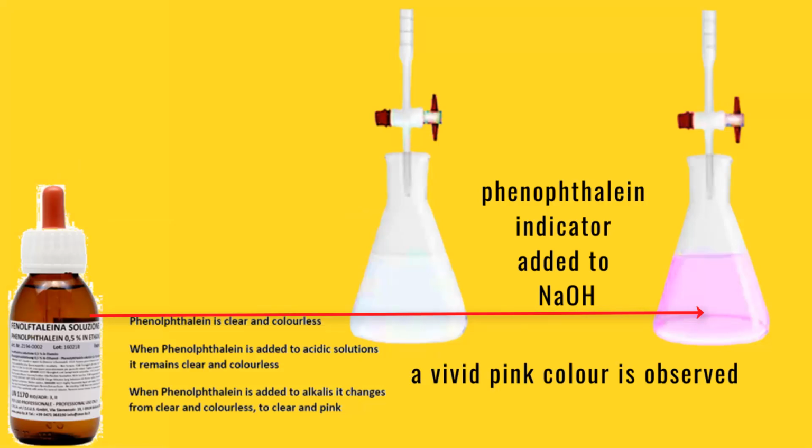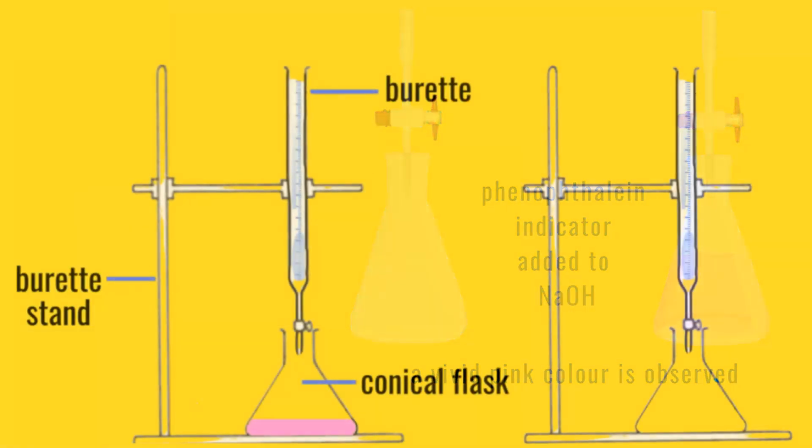Now what happens here is the phenolphthalein changes colour. It changes colour from clear and colourless to quite a vivid colour of pink. So when the pH is way above 7, it's a pink colour. But when that pH of a solution drops to 7 and below, its colour changes to colourless.